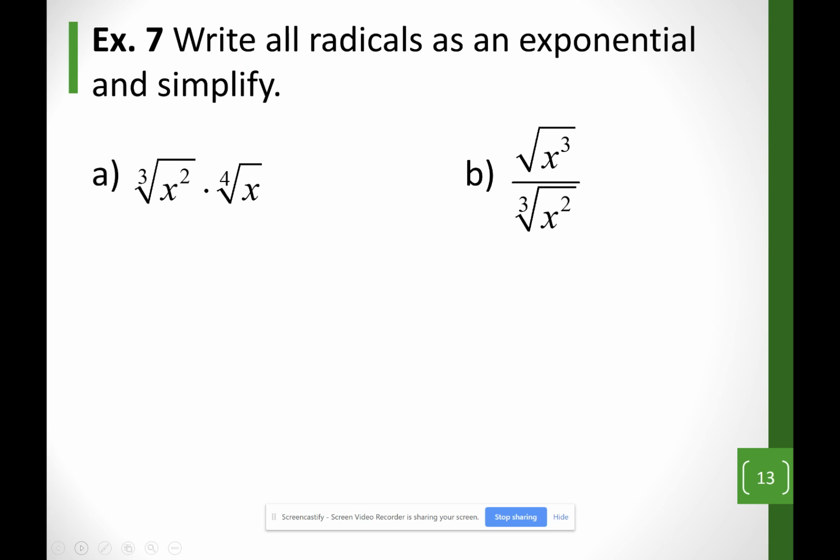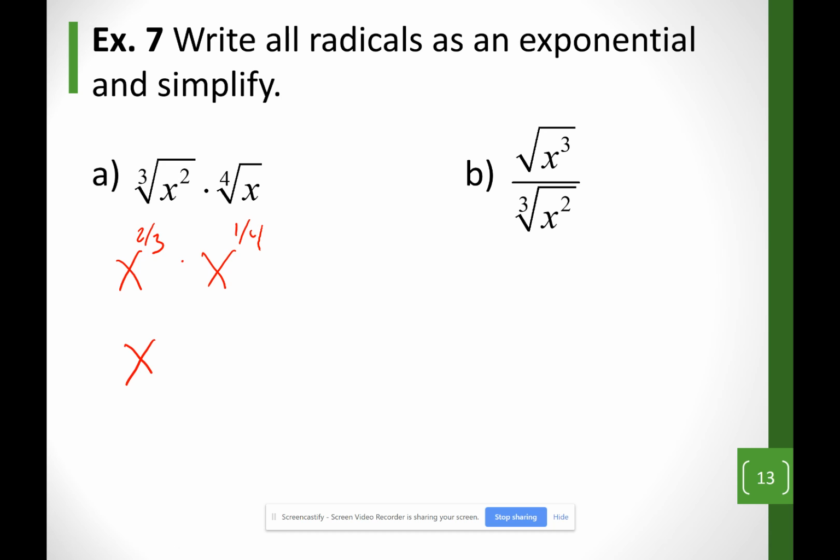Now here, the roots are not the same. The base on the inside is also different. So what I'm going to do, I'm going to write them as exponents, as fractions. So the first one, I'm going to write this as x to the 2/3 times x to the 1/4. It's the same base x, so I'm going to add the exponents.